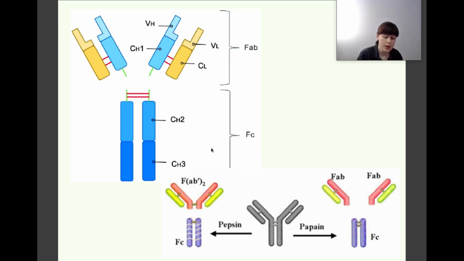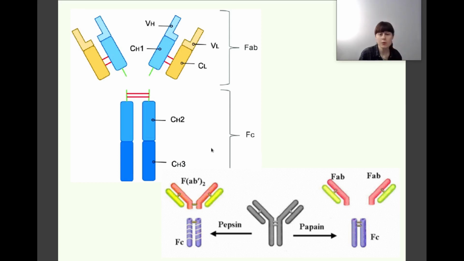Also, by the way, Nobel laureates Porter and Edelman were of leading importance in the study of the structure of antibody molecules. They used papain, a plant protease, and pepsin in the presence of cysteine, which destroys disulfide bonds.